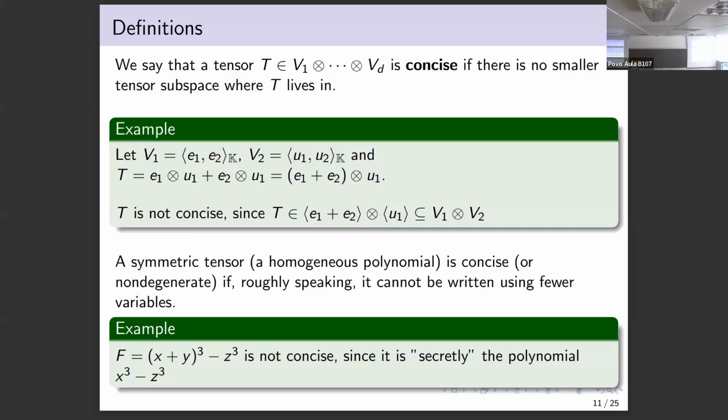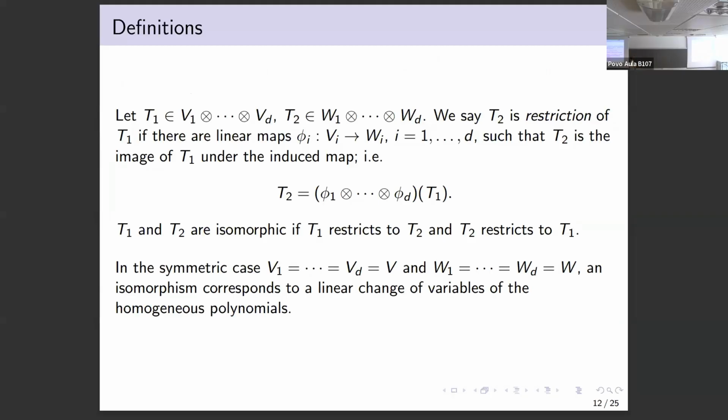And for symmetric tensors, so homogeneous polynomials, this just means that I'm really using all the variables I have. This is the minimum of conciseness. So this (x+y)^3 - z^2 is not concise because, up to a linear change of coordinates, I can write it using just 2 variables. But as you can see, if something is not concise, then you just have to write it properly. And we're also going to consider some action of change of coordinates.